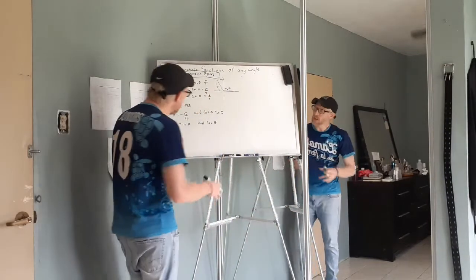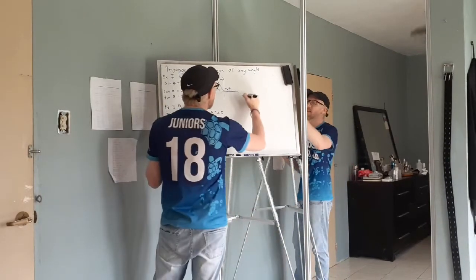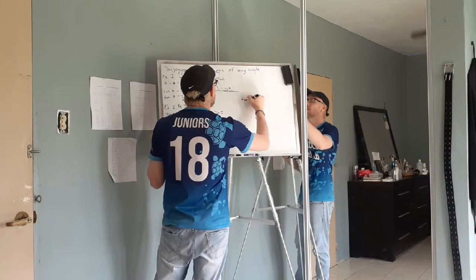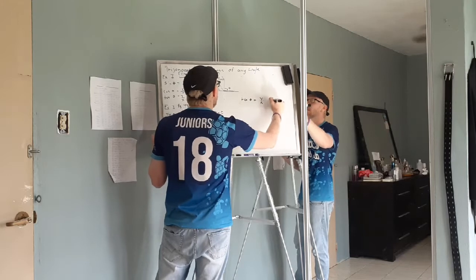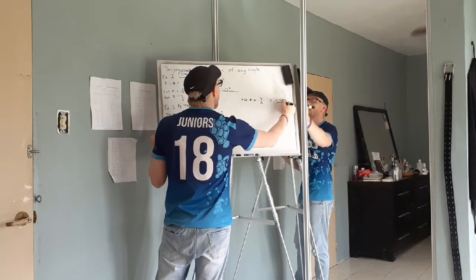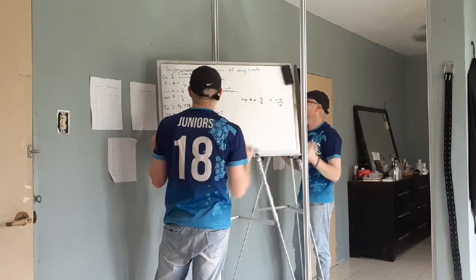You should too. Anyway, so we know that the tangent of z is represented by y over x, hence negative 5 over 4. Okay?